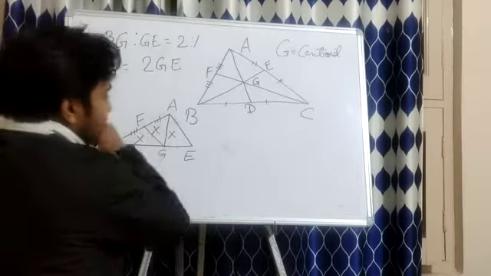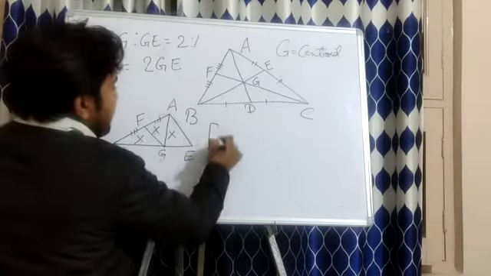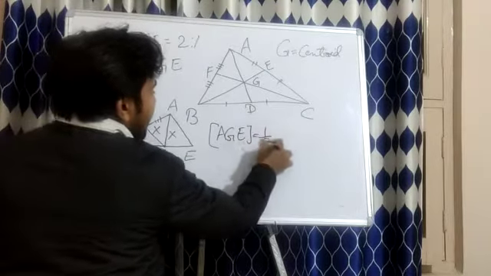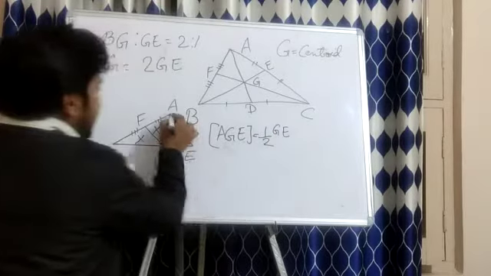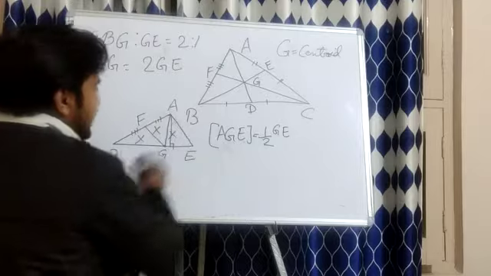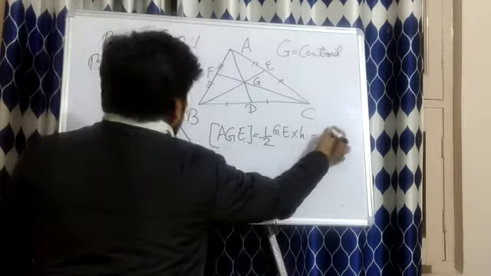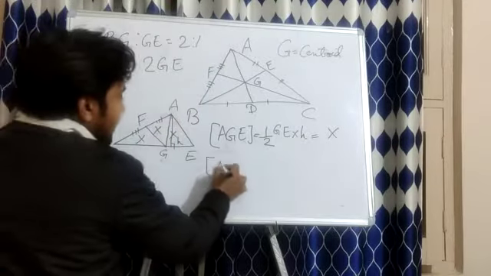Okay. Now if you have to find the area of AGE, that is half base times height. What is the base? GE is the base. And what is the height? Height is nothing but the perpendicular drop from the opposite vertex. Let's call it H. This is equal to X. What is the area of ABG?